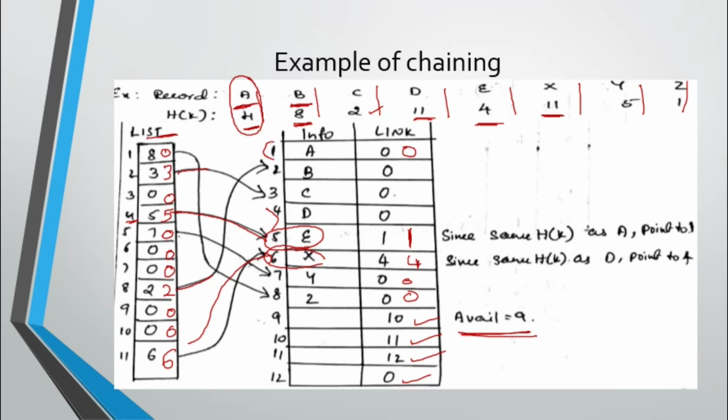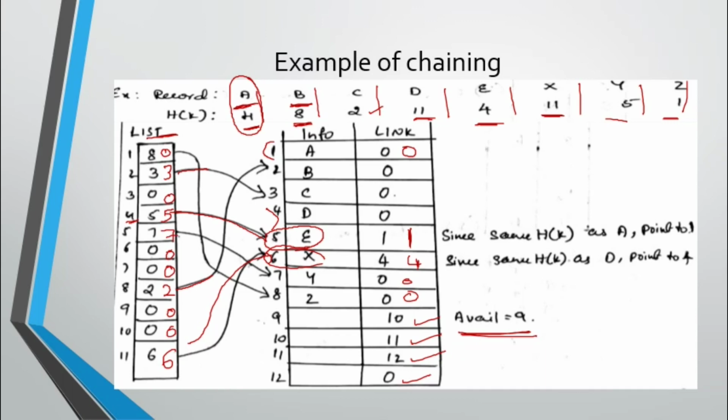Similarly you have Y and Z. For Y and Z, we don't have any collisions. They are pointing to 5 and 1, so you need to do 5 and 1. Y is the 7th location. So in 5, you are replacing this 0 by 7, and creating a link.